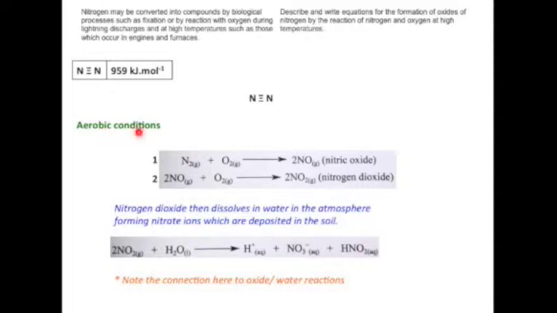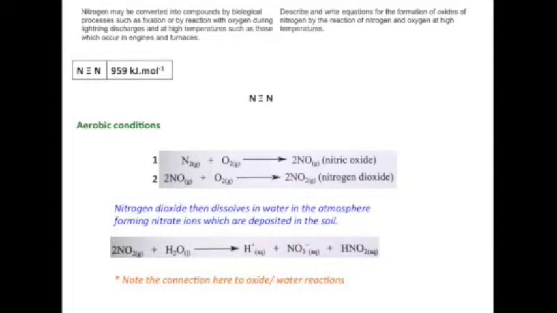So in aerobic conditions, so in the presence of oxygen and high temperatures, because that's what it requires to get this started, nitrogen gas can combine with oxygen and we get nitric oxide. This nitric oxide is more reactive, so it's able to join with extra oxygen molecules and form nitrogen dioxide.